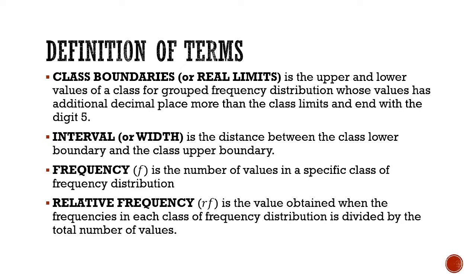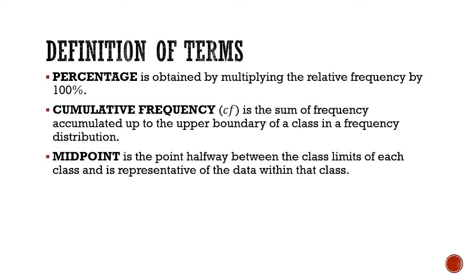Then your relative frequency would be 5 divided by 20. Okay? So that is relative frequency. And for the percentage, it is obtained by multiplying the relative frequency by 100 or 100%. So you will have their percentage. So for our example earlier, that will be 5 divided by 20 multiplied by 100.